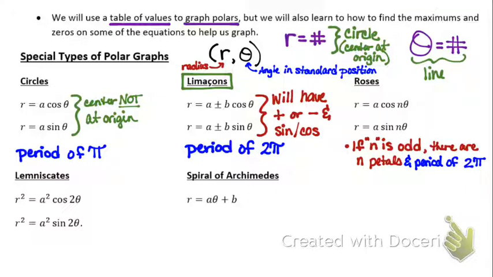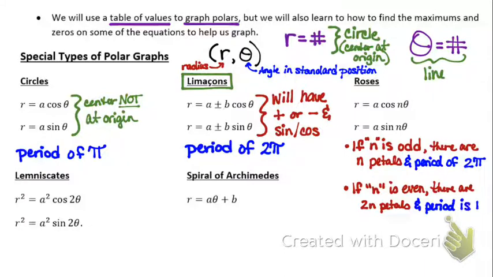If n is even, there are 2n petals, and the period is just pi.